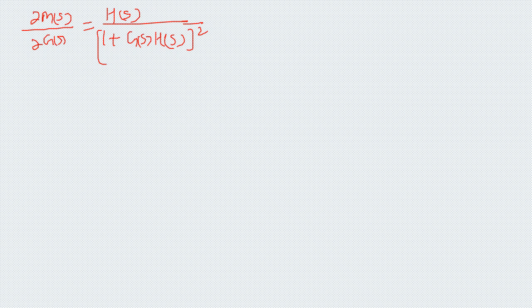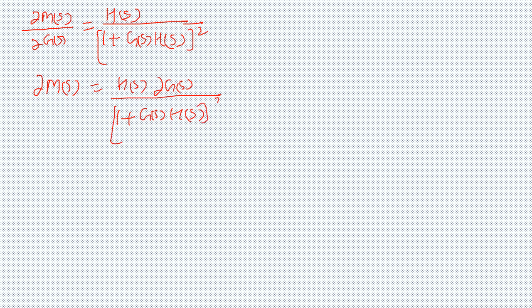Now, since there is a change in G(s), we need to see what change there will be in M(s). So del M(s) is equal to H(s) del G(s) over 1 plus G(s)H(s) whole squared. Because we need to find the percentage change, I divide by M(s) on both sides.